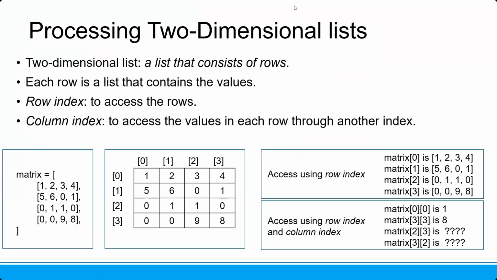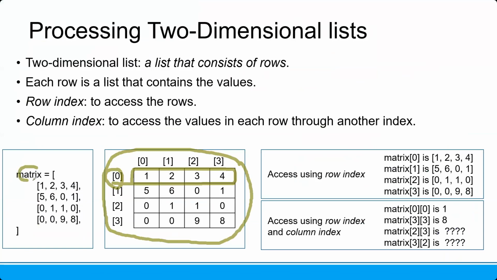So in this case, this is the matrix. This is the first row. And we know that in a matrix or in the list, the index starts from 0.